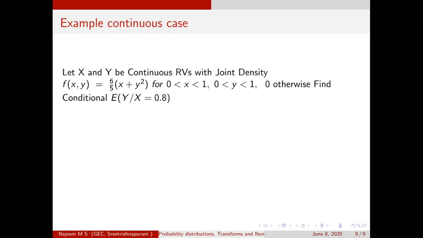Okay, for a continuous case example, there also we are given a probability density function, a continuous density function, and we need to calculate the expectation of y given x equal to 0.8. For that we need to calculate the marginal of x, corresponding to 0.8.